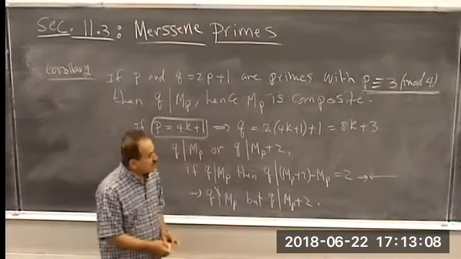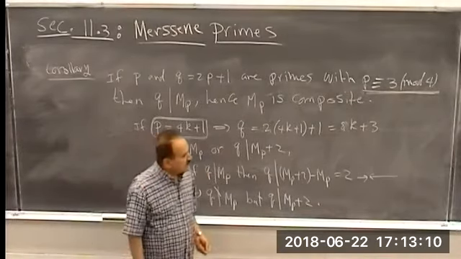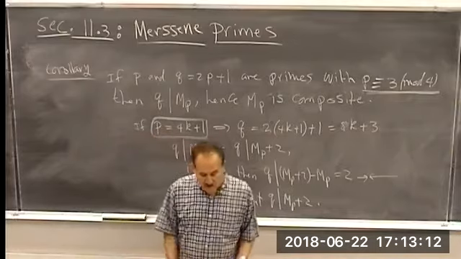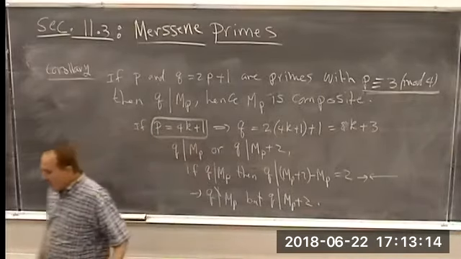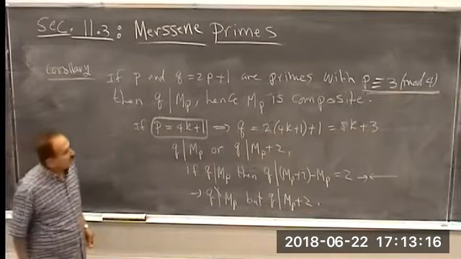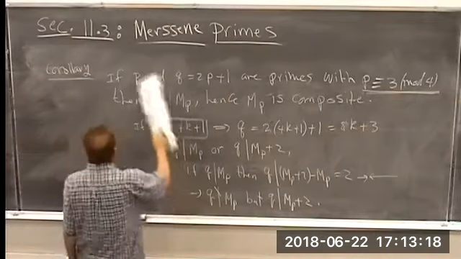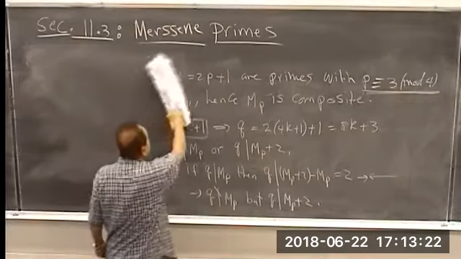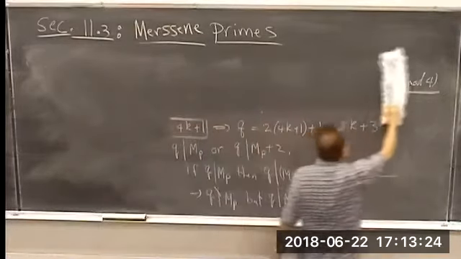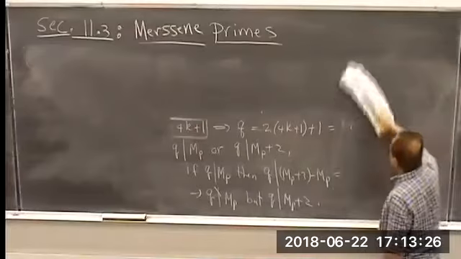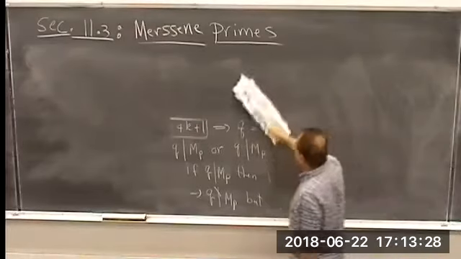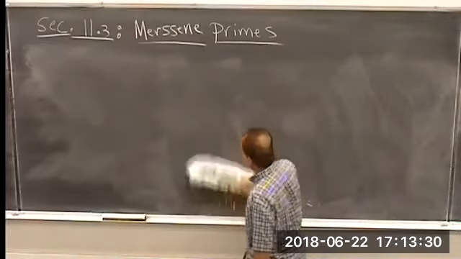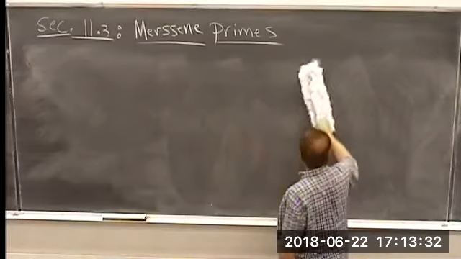Now, in the next theorem, we're going to look at, in general, what type of prime factors a Mersenne composite number may have. All right? So in some sense, this applies to a special type of Mersenne numbers, of the form where P and Q are mentioned in here.